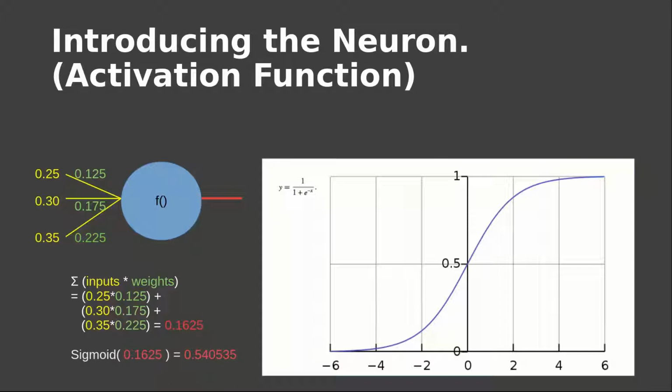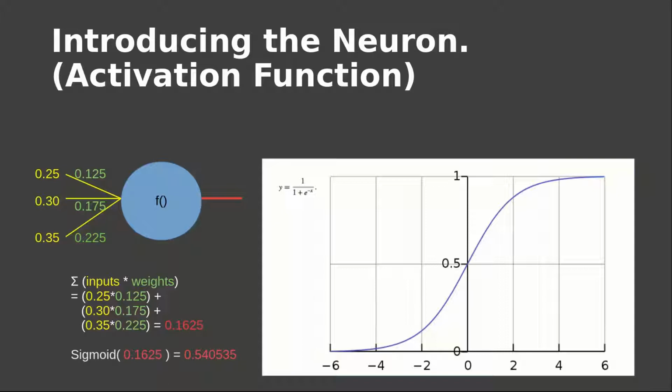Now, the edge has a weight associated with it. So the weights that I've written here are 0.125, 0.175, and 0.225. So the artificial neuron multiplies the input value, which is the output of some other neuron, by the respective weight, and then sums the result. And in this case, we get a result of 0.1625.